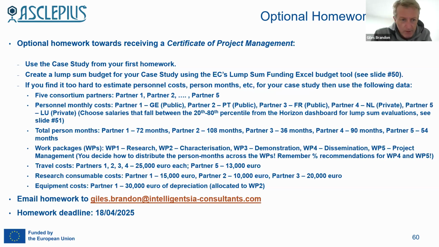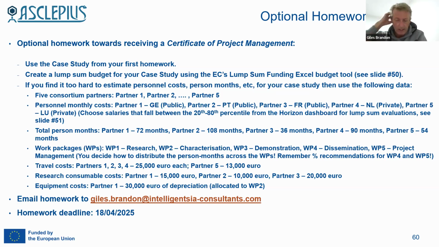For the total person months, assume partner 1's got 72 months, partner 2 108, and so on and so forth. Then assume there are 5 work packages, that they've got these titles. But how you then decide to distribute the person months for each partner is entirely up to you.